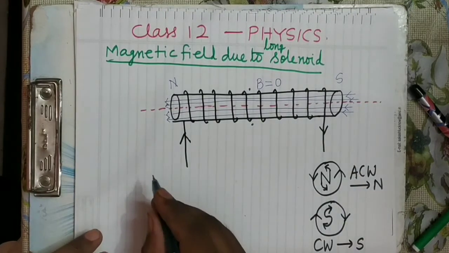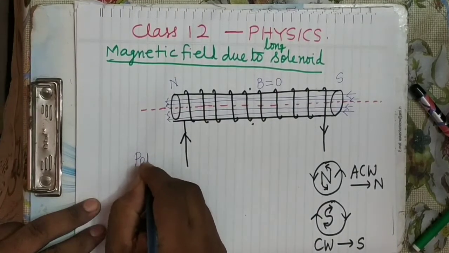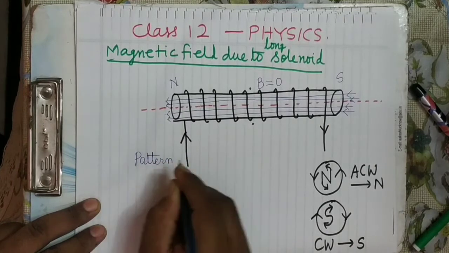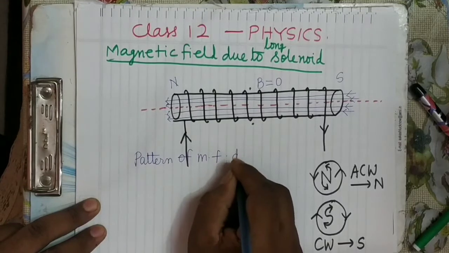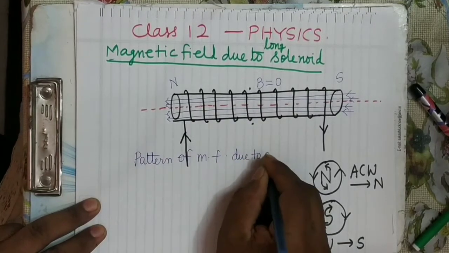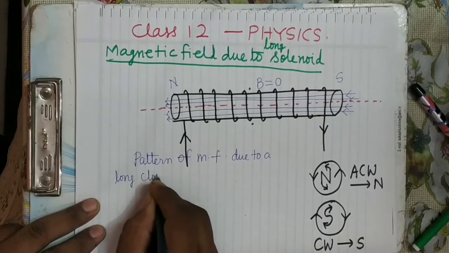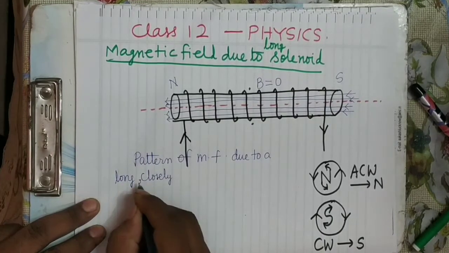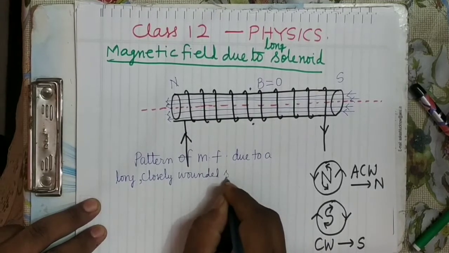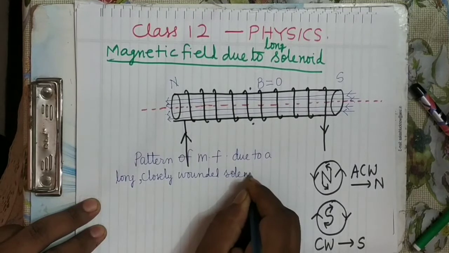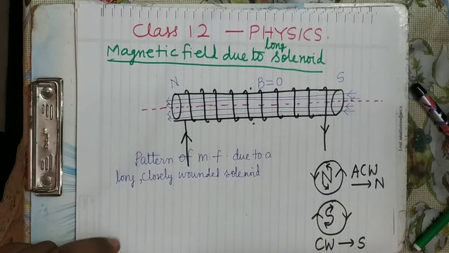So what is the pattern of magnetic field due to a long closely wound solenoid? Long closely wound solenoid means the turns are very close.